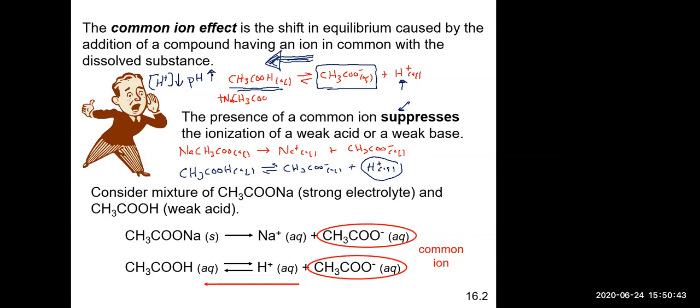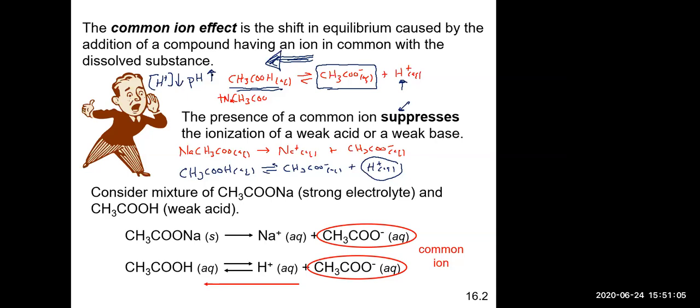And the same thing would happen with a weak base. In the presence of a weak base and a common ion, that will cause the concentration of OH- to decrease. And when the OH- concentration decreases, the pH will go down compared.